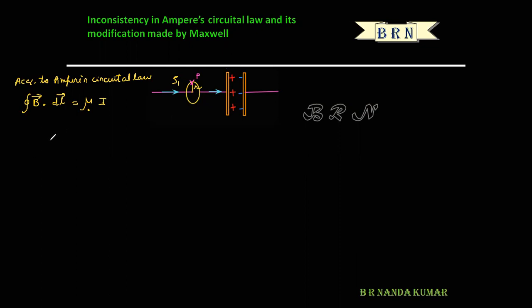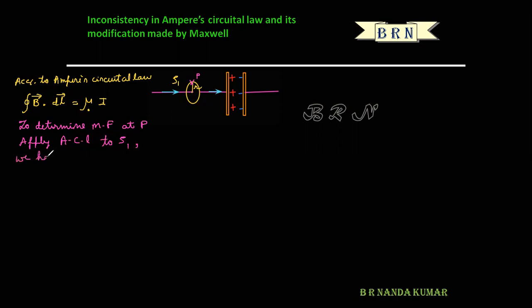To determine the magnetic field at P, let us apply Ampere's circuital law to the surface S1.